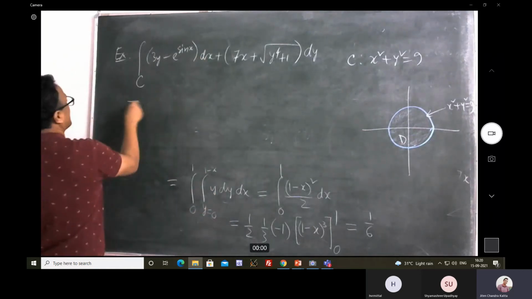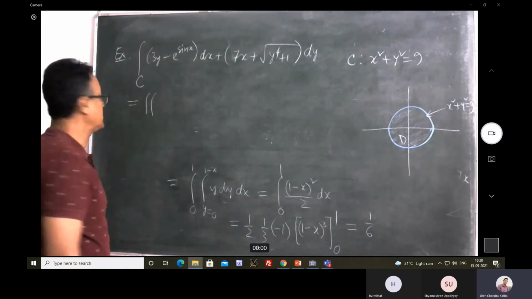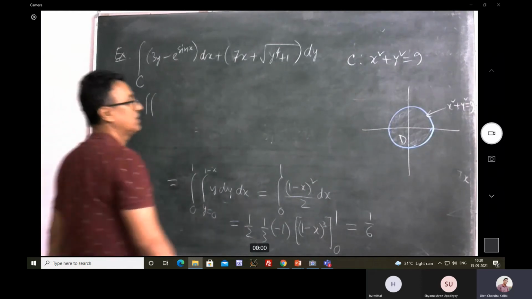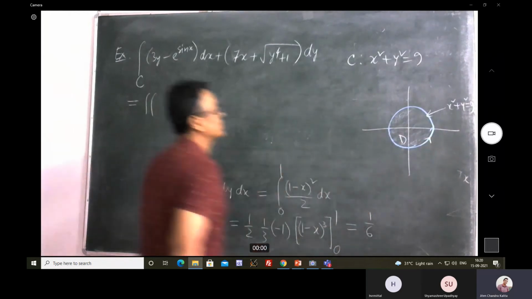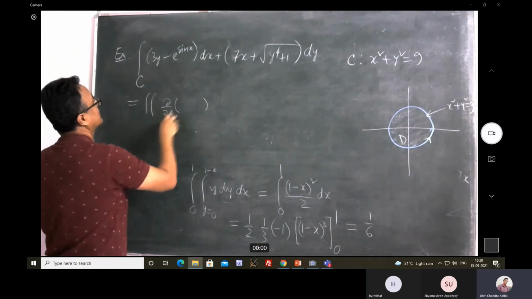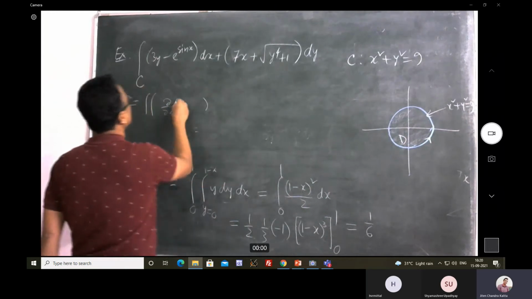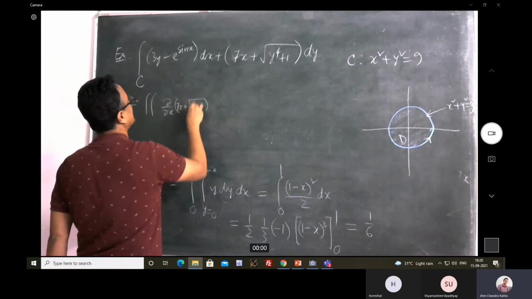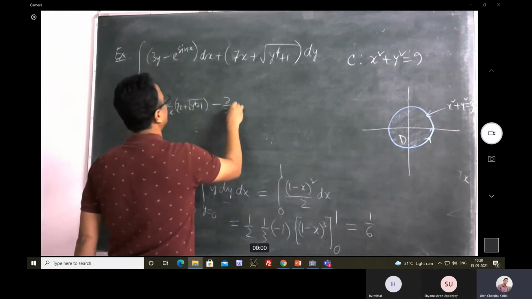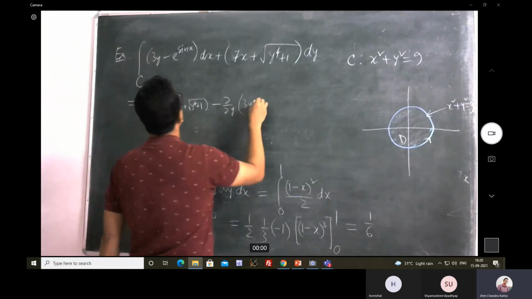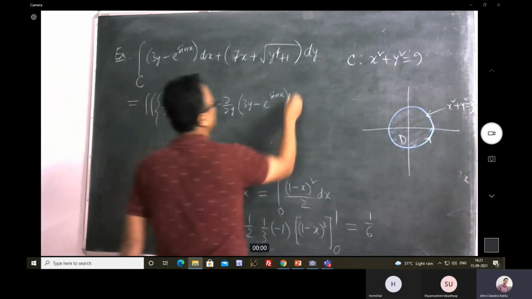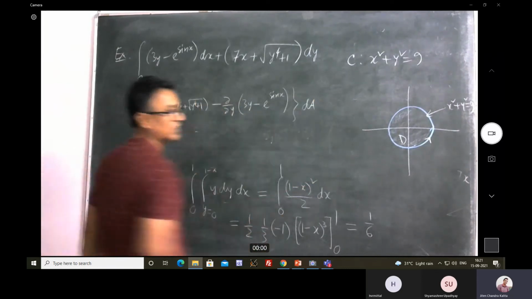So as before, if I use Green's theorem here, since it satisfies all the conditions of Green's theorem, then this is going to be del del x of Q, where Q is 7x plus y to the power 4 plus 1, and P is 3y minus e to the power sin x, and dA.